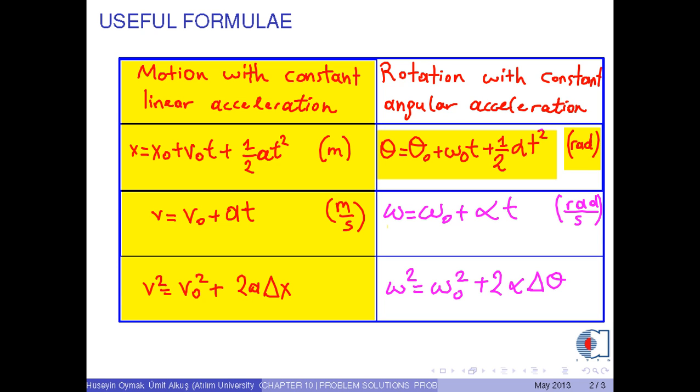Also, alpha is the constant angular acceleration. Second, angular speed is found by this formula, or if we are not given the time during the motion, we use this formula to find angular speed. Okay, let's have a look at the last analogy.